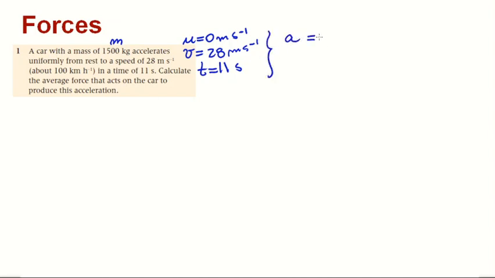This acceleration should be the change in velocity, so final velocity minus initial velocity divided by time. So what's our final velocity? 28. Initial velocity was 0, time 11 seconds. And this makes sense. You've accelerated to 28 meters per second in 11 seconds, right? So that's 28 divided by 11, that would be around 2.54 meters per second squared. Okay? It's hard to see here.